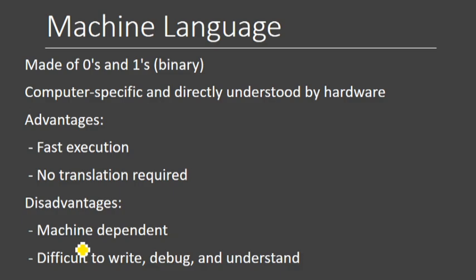We are writing a machine language for one machine, and the same machine language in terms of zeros and ones cannot be understood by another machine. Clear? It is also difficult to write, debug and understand. Completely, the user cannot understand this, only the machine can understand it.